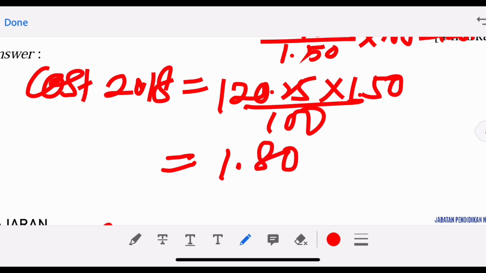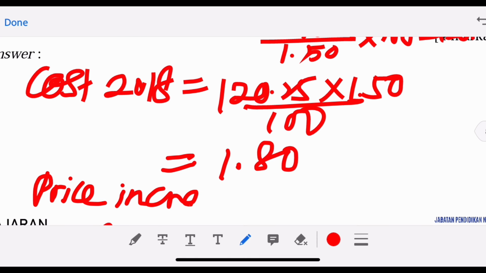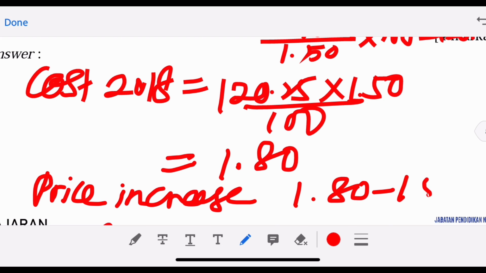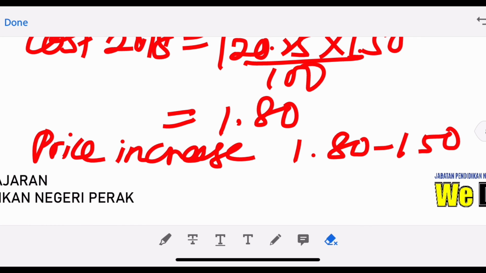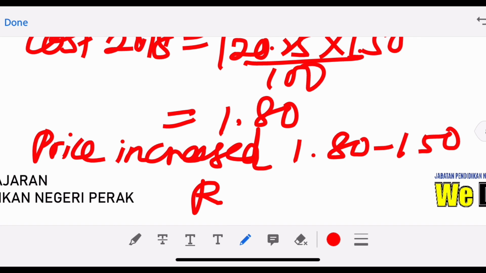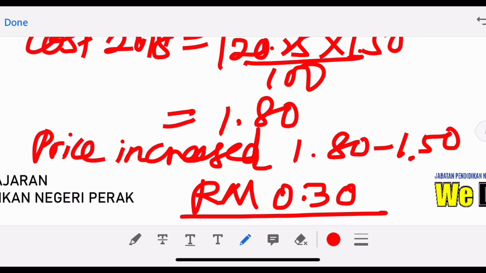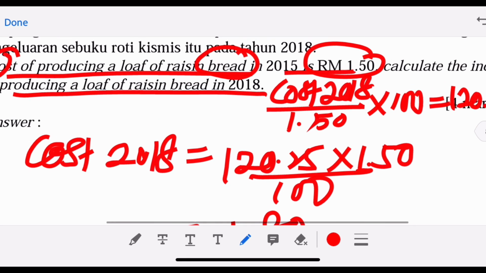So there is a price increase of RM1.80 minus RM1.50. So there is an increase of 30 cent. As you can see, the price increased by 30 cent.